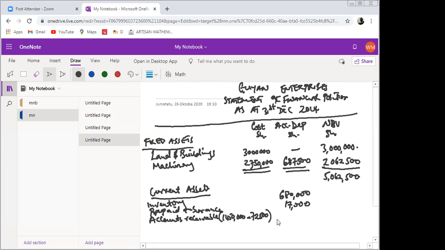So how much are we sure we are going to receive? Subtract 1,450,000 minus 72,500.